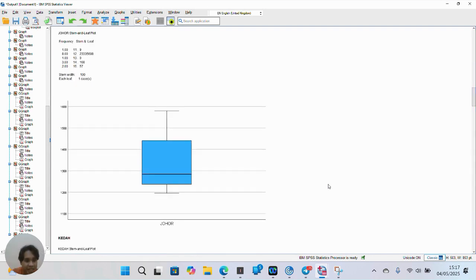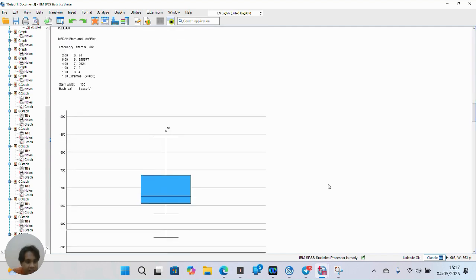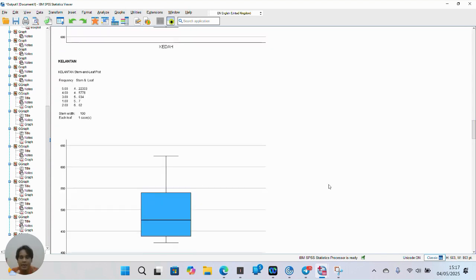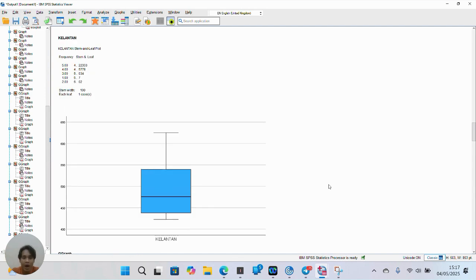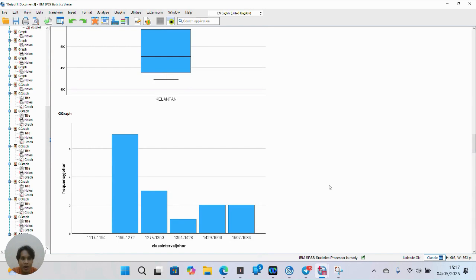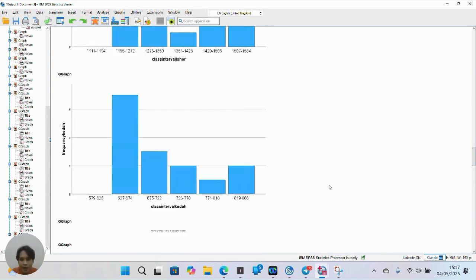We also get the median, variance, standard deviation, minimum and maximum value, range, interquartile range, skewness, and all the important data that we need for our analysis in this project. So we can see how each state has its own data from SPSS software.